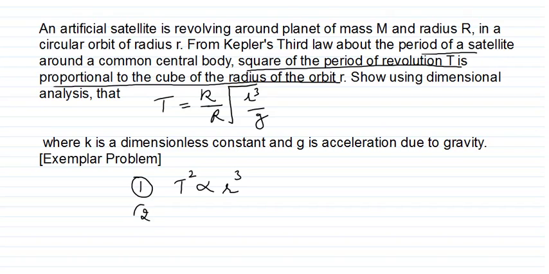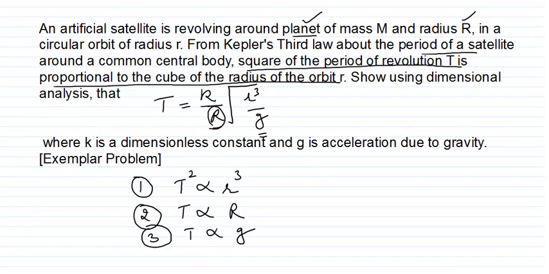Second, you can see that r is there. What is r? Radius of the planet. And third, you can see G is here also.